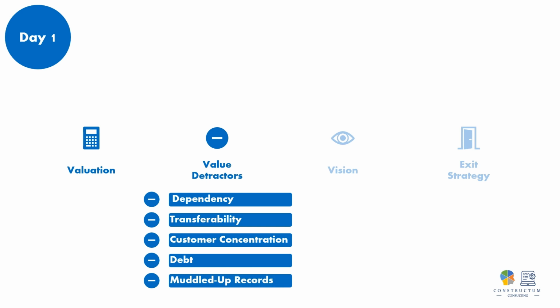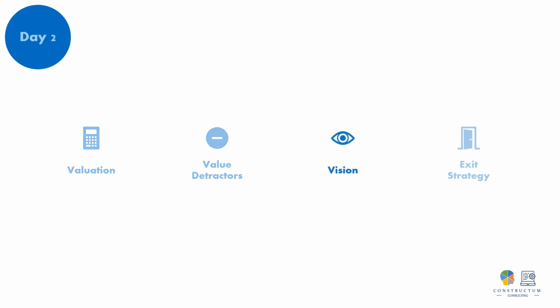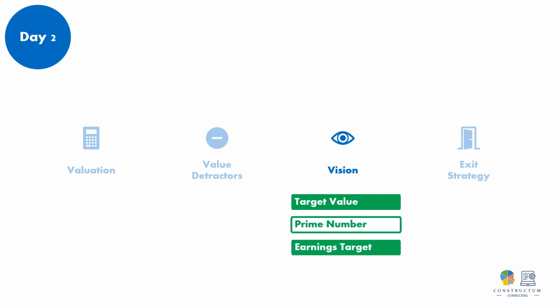On day 2, we started by setting a target value or price at which the owner aspires to sell the business within 3 to 5 years. Then we calculated the business's prime number based on the current financial results. The prime number enabled us to set a revenue and sales target for the business.